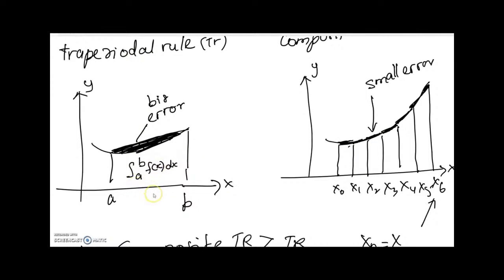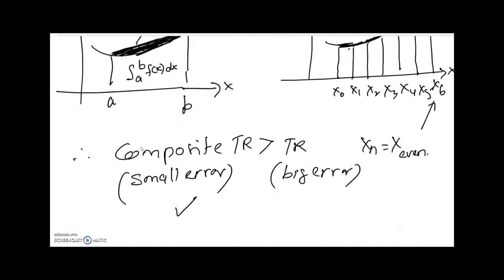So you can see that using the basic trapezoidal rule, using 2 points A and B, the error is very big. But when we do the composite, the trapezium for every particular subdomain, every particular sub partition, you can see the error can be reduced, because the trapezium we develop is very small, and the graph is partitioned into a number of subdomains. So the composite trapezoidal rule is much better. It has a small error compared to the trapezoidal rule.